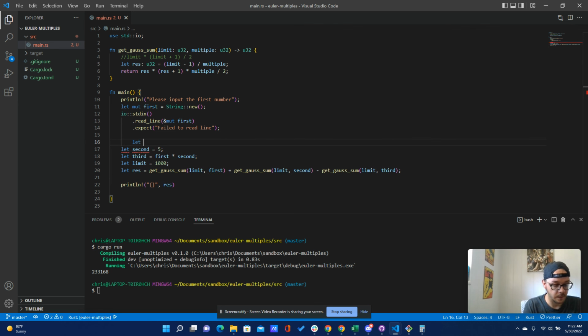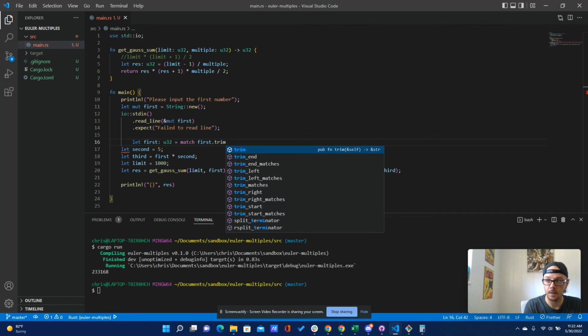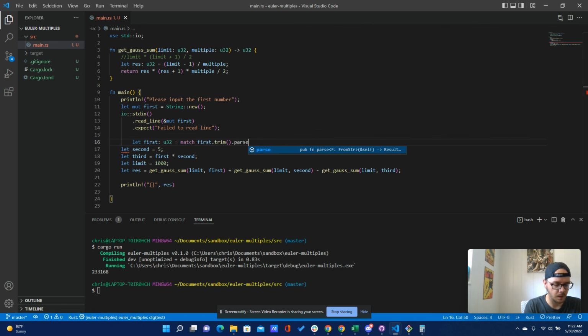Then we can say let first 32, first trim parse.